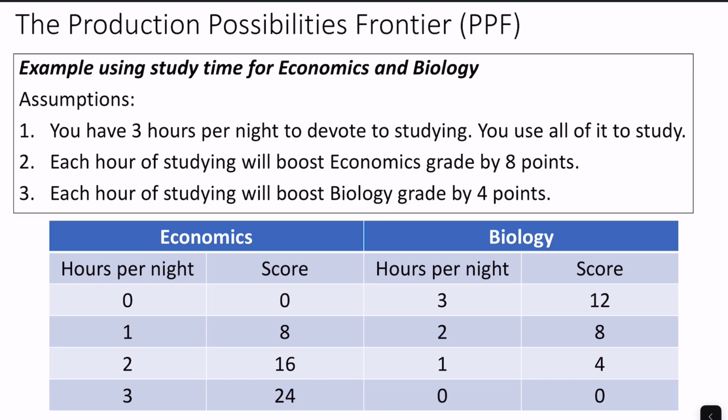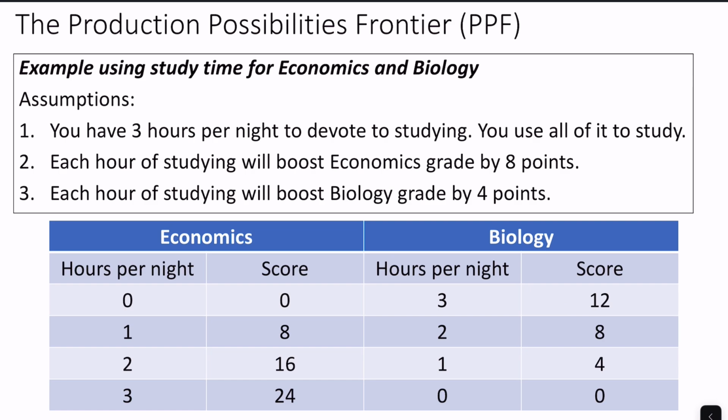Right, so you have 3 hours total in a given night. So you could, in one extreme, devote 0 hours of studying to economics and get 0 extra points on the exam. That leaves all 3 other hours that you have to study on biology. And you can turn those 3 hours in biology into each hour gives you 4 points. And so those 3 hours would give you 12 points in total on your biology exam.